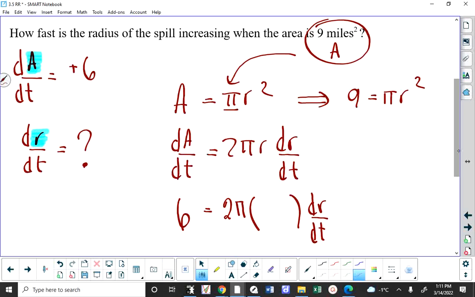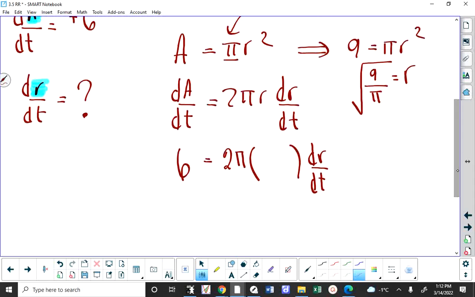I'm going to have to take 9 divided by pi, and then take the principal square root. I don't need to worry about plus or minus here because a radius is a positive thing by definition. And the square root of 9 is 3. So the radius is 3 over root pi.